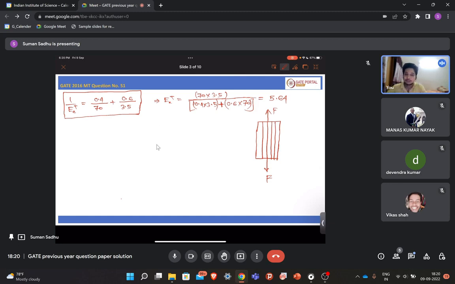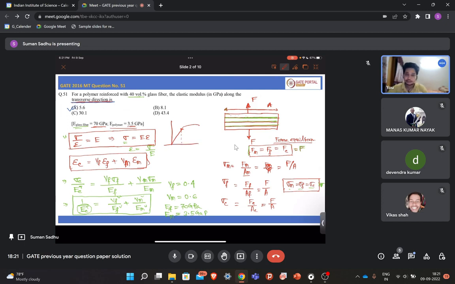If you have anything in your mind, then you can share. I want to see whether you are going in the same direction or not. Before that, have you understood this part, how I calculated in the transverse direction?